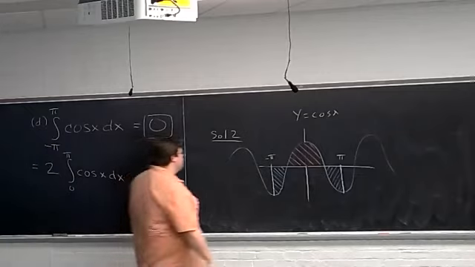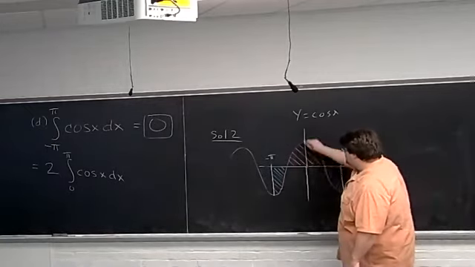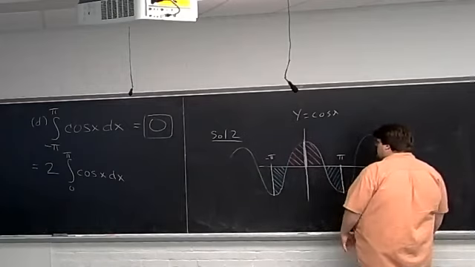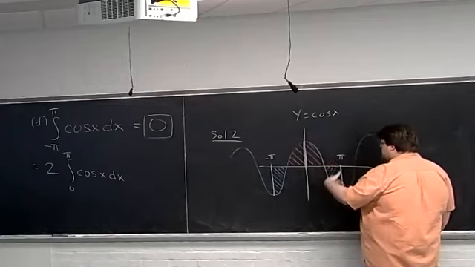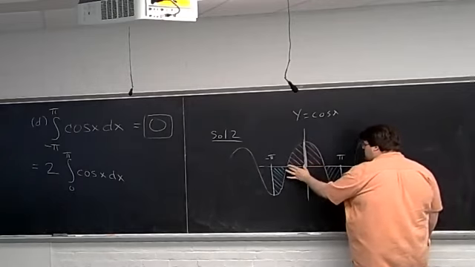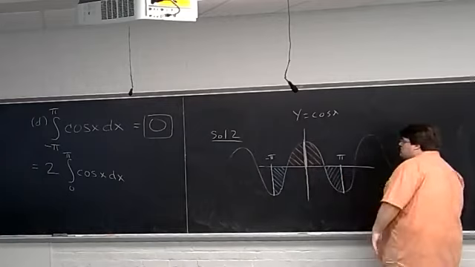And you can see that with this diagram over here. If we split this at 0, the integral on an interval symmetric about 0 is just going to be this piece on the one side and the piece on the other side.